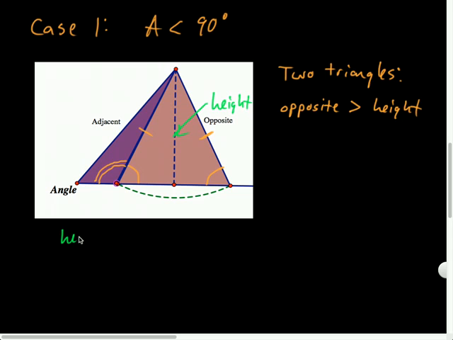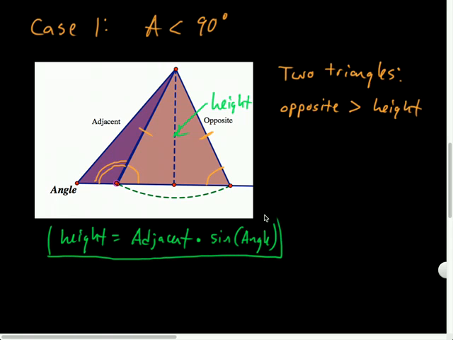I'll just say the height is equal to the adjacent, because I don't want to use B sine alpha since our variable names aren't always going to be the right letters. It'll be adjacent times the sine of our angle. And that's going to be the formula for our height in all of these situations where an angle side-side situation occurs for us.